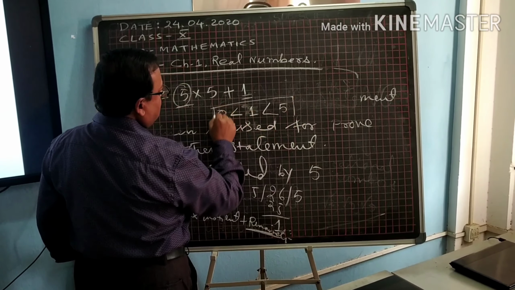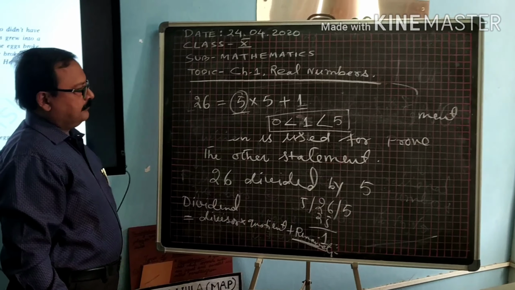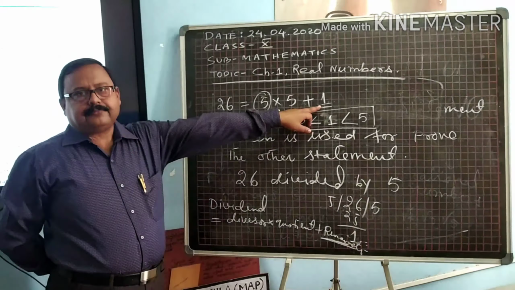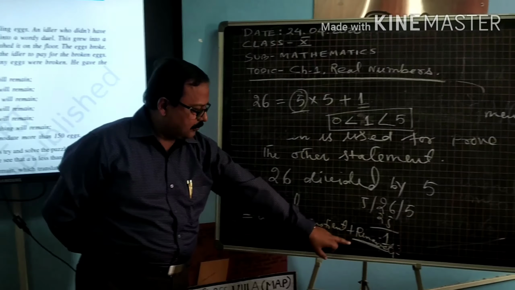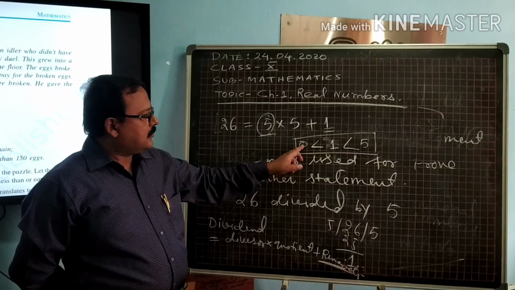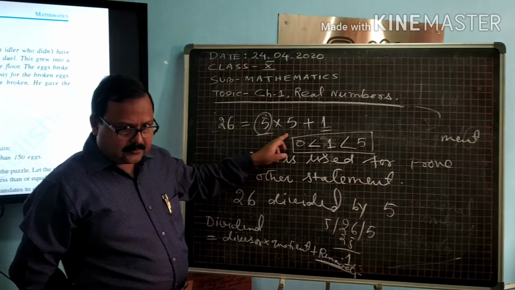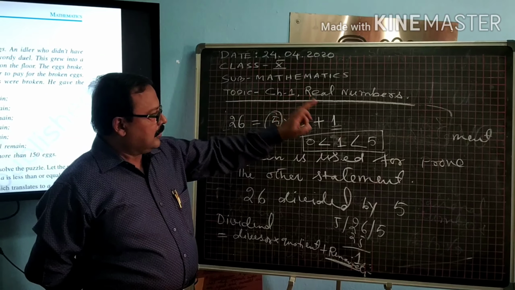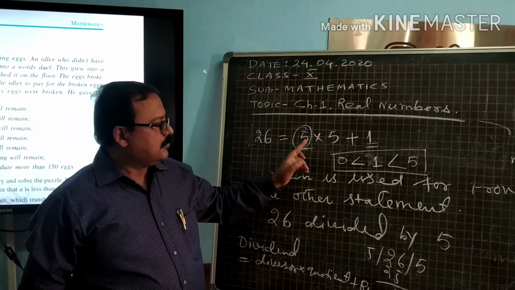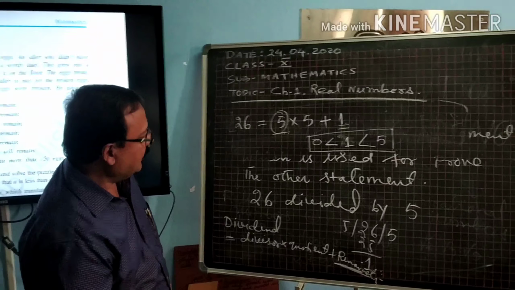This is the condition we got here. The remainder R is greater than 0 in this particular case, and less than 5, the divisor. This is one condition we got.